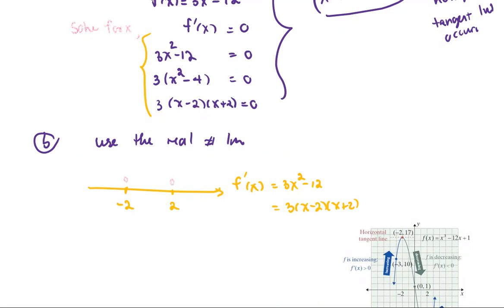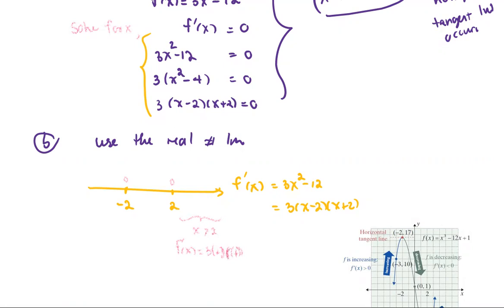How about values of x greater than 2? For any x greater than 2, let's consider the sign of the derivative. f prime is 3 multiplied by some quantity greater than 2 minus 2, which gives a plus sign, and some quantity greater than 2 plus 2, which gives another plus sign.